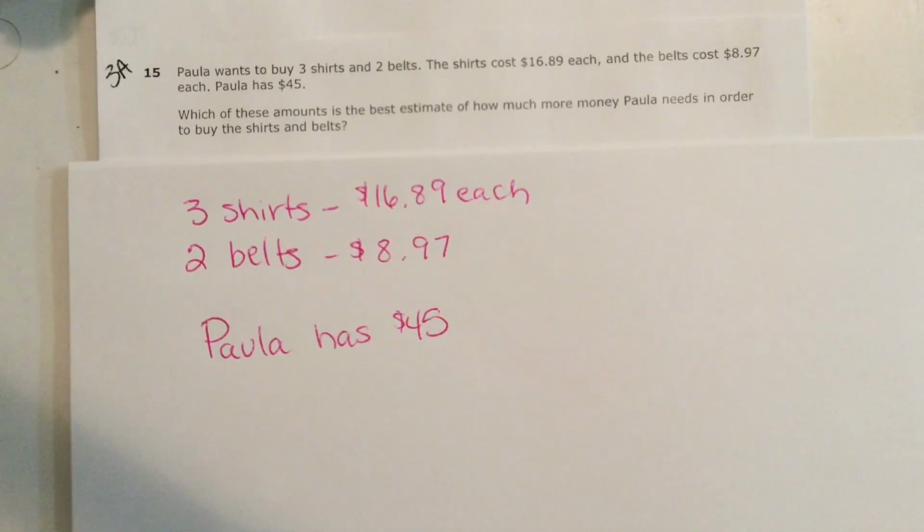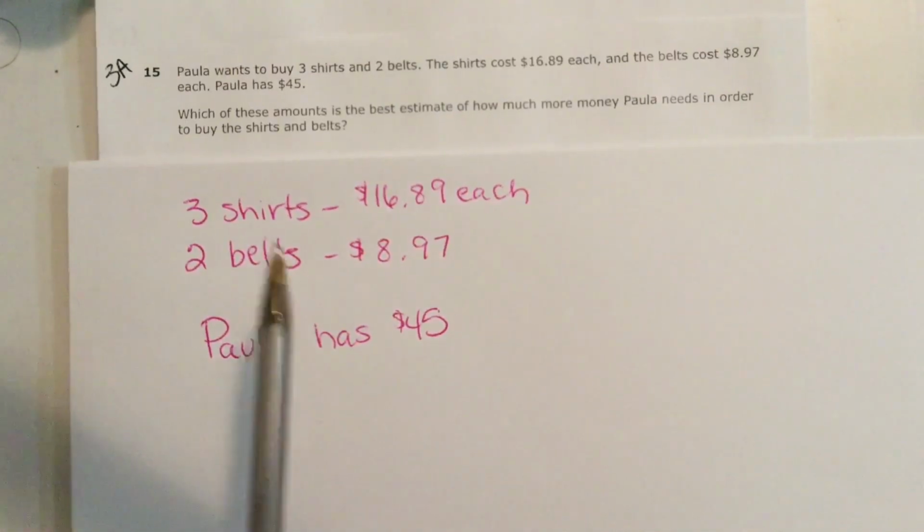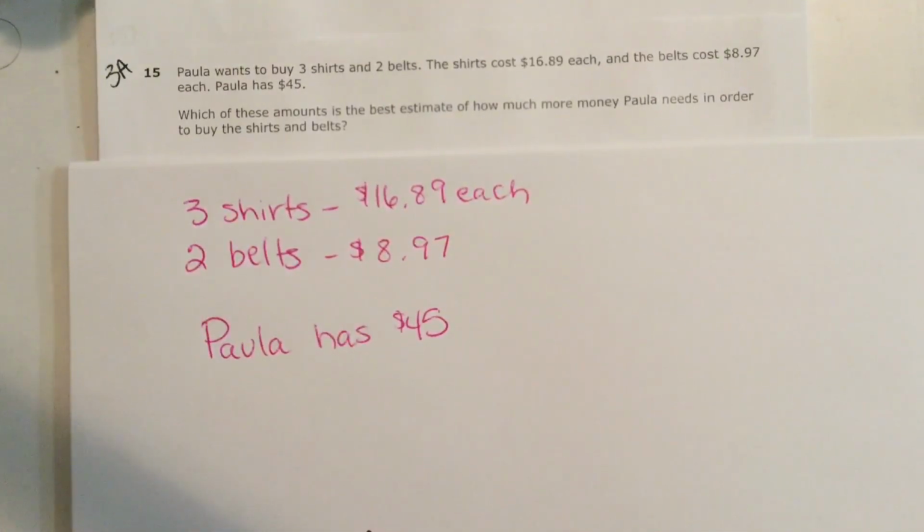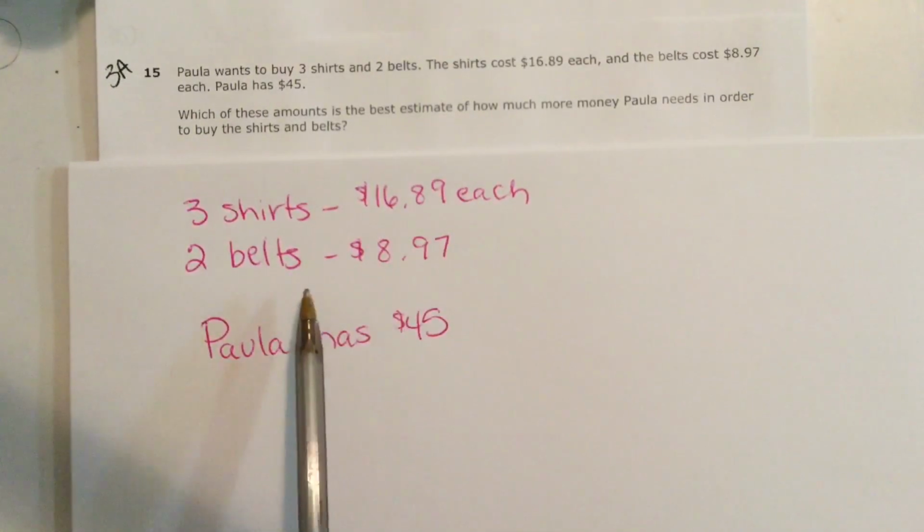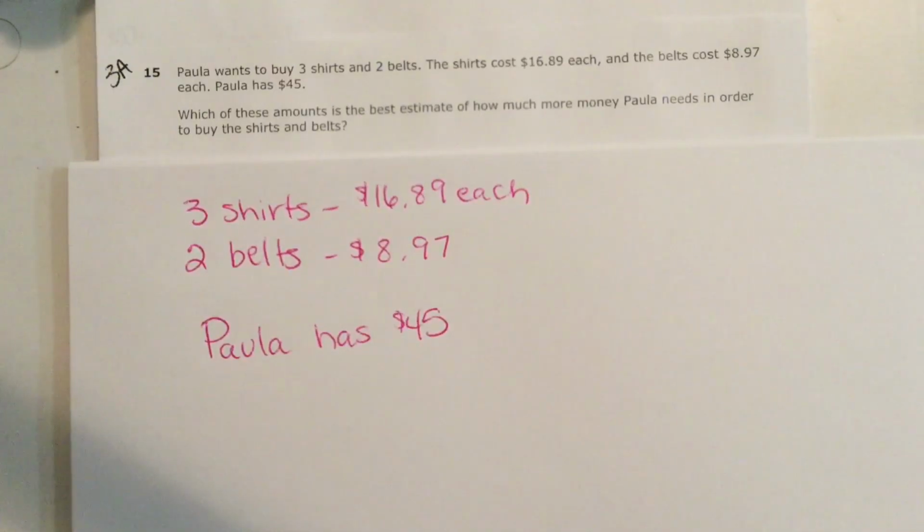Okay, now it says estimate, so that means you would actually be saying 17 times 3 and 9 times 2, right? It says, which of these amounts is the best estimate of how much more money Paula needs in order to buy the shirts? So your answer, 17 times 3, 9 times 2, add those 2 numbers together and subtract 45 from your answer. That's how you would solve it.